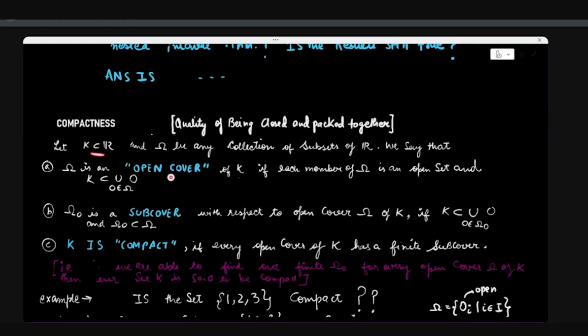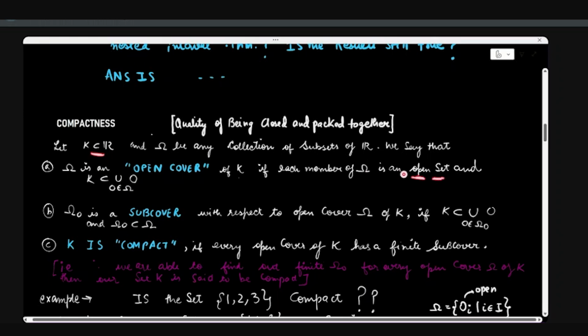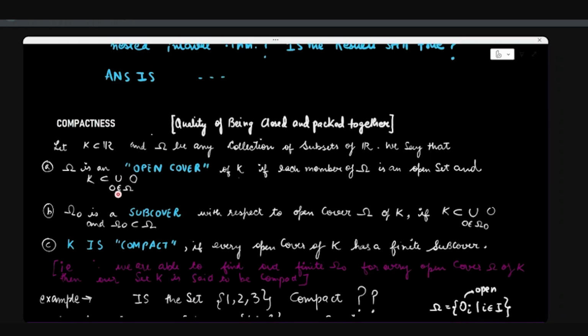Omega is said to be an open cover of K if each member of omega is an open set and K is contained in the union of sets from the collection omega. So it essentially means K is covered by the union of open sets from omega. It's essentially the same thing: we said we can enclose it in a box, so something is covering it. Similarly here, the open sets from omega are covering K.